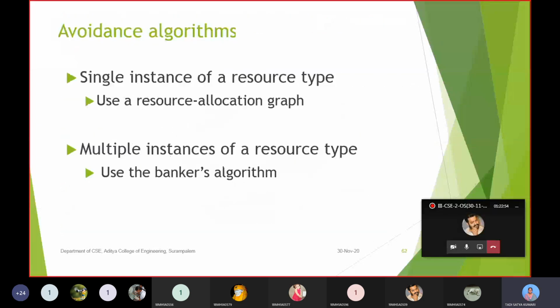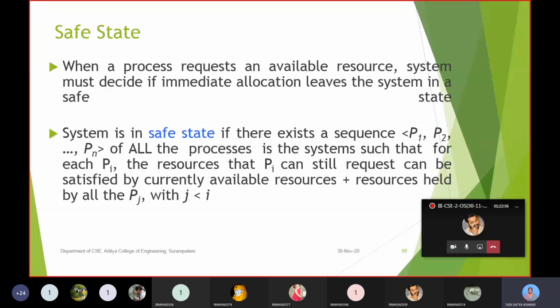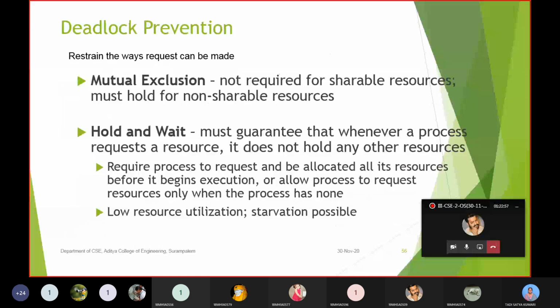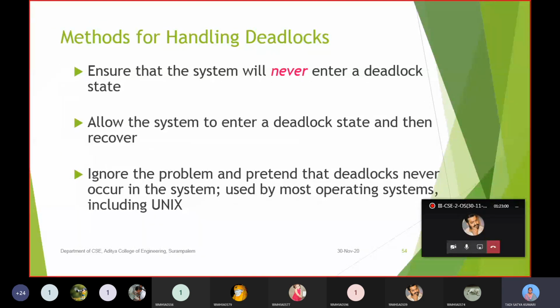Any doubts up to this point? Any doubts up to this deadlock introduction? Already I have discussed all these things, but once again we went through this.